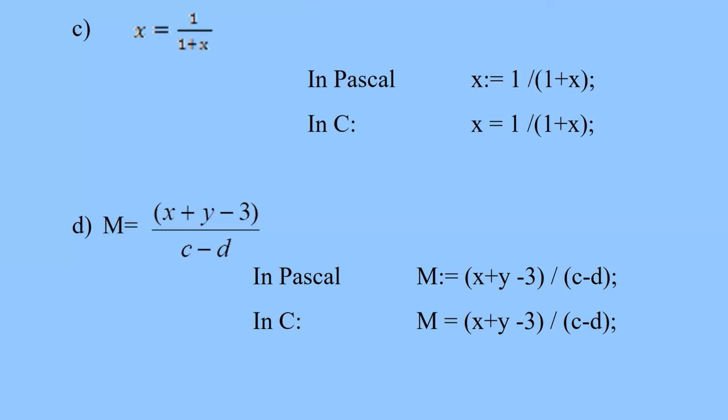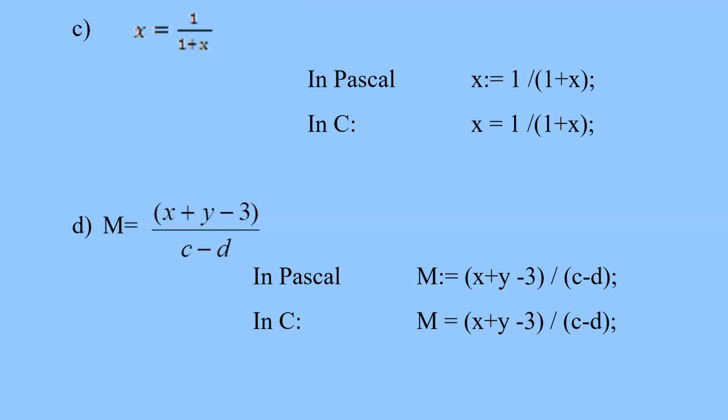In other words, you can simply say it this way. Get the content of memory location called x and the content of memory location called y. Whatever you get, subtract 3 from it.